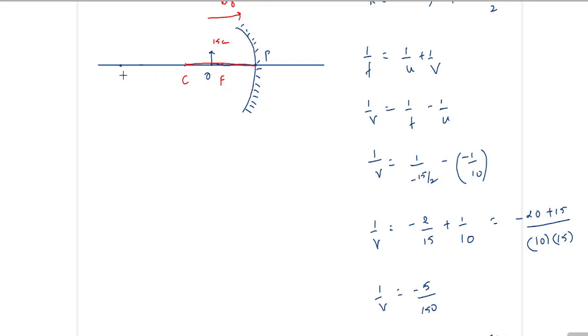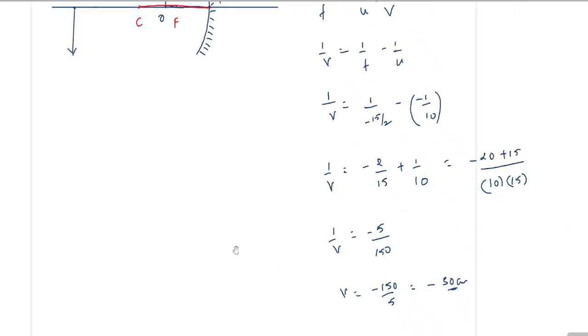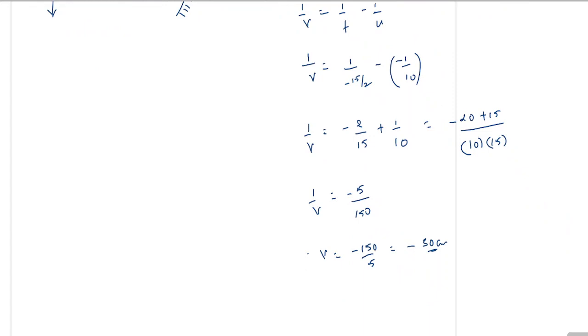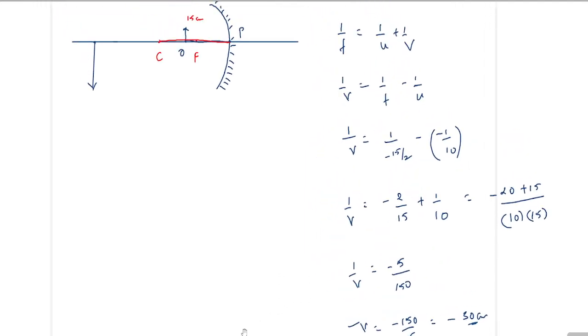And we know from the properties of a concave mirror that it will be an inverted image, which is a real image. So we found the first point, which is v. The position is found out. It is at this distance, and it will be an inverted image, because real means it's an inverted image.